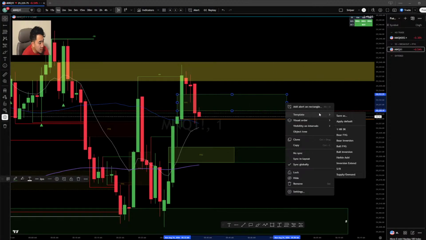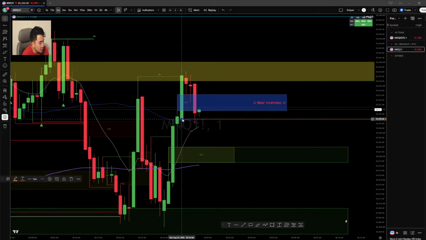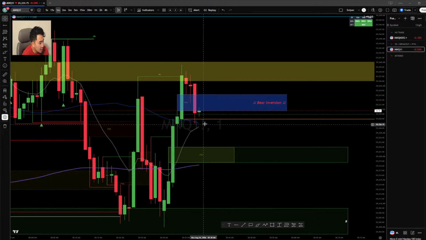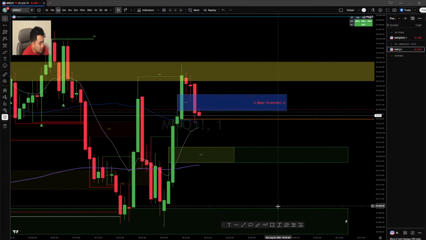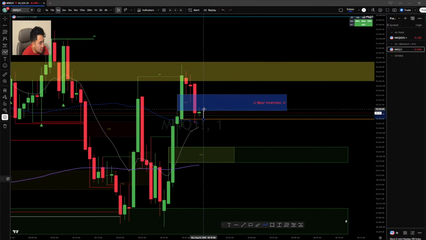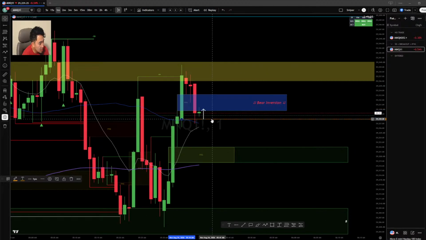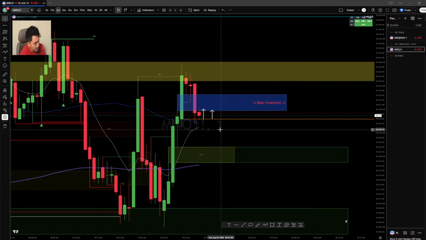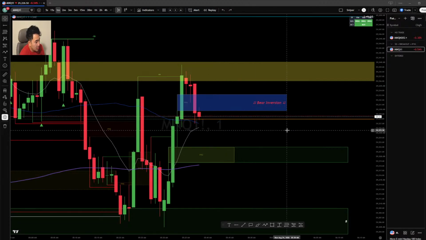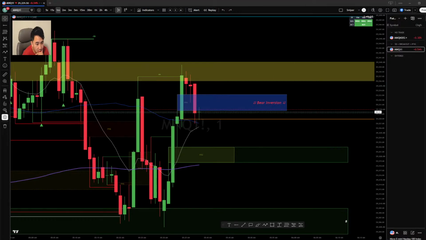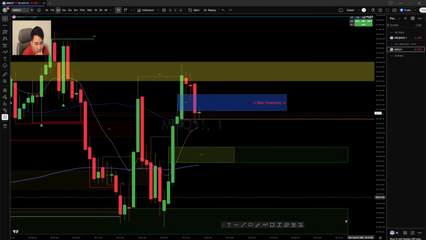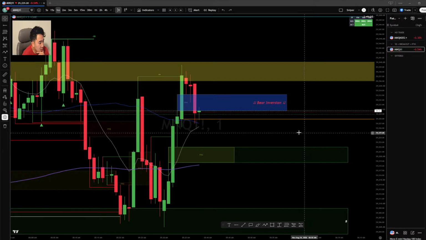Closed over it, becomes a bearish inversion. I still need price to close below this orange line right here. Anything above this orange line is still some good bull pressure, some good buyers in this area. And I want that candle body to close over it just to let me know that sellers are in control, and I could use that bearish inversion to look for shorts.